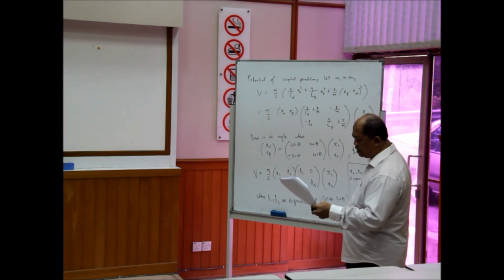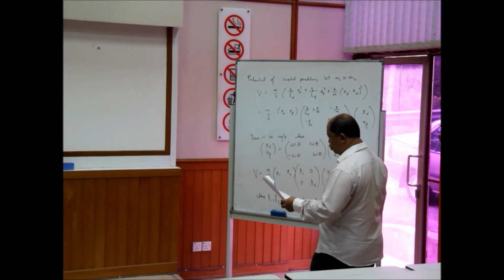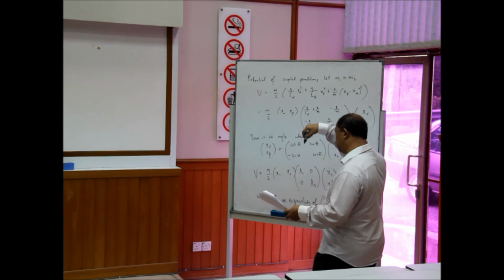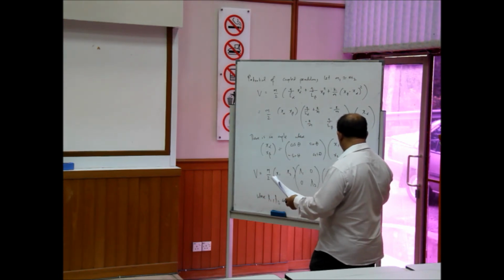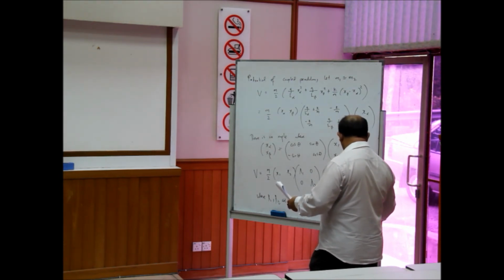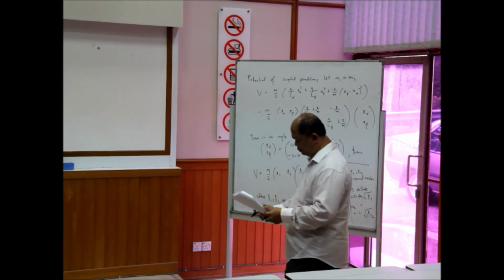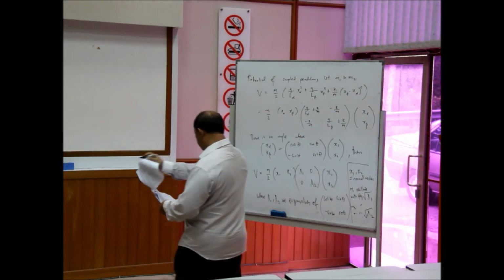And what is the frequency of oscillation of these two pendulums? M1 oscillates with frequency square root of lambda 1, and M2 oscillates with frequency square root of lambda 2.